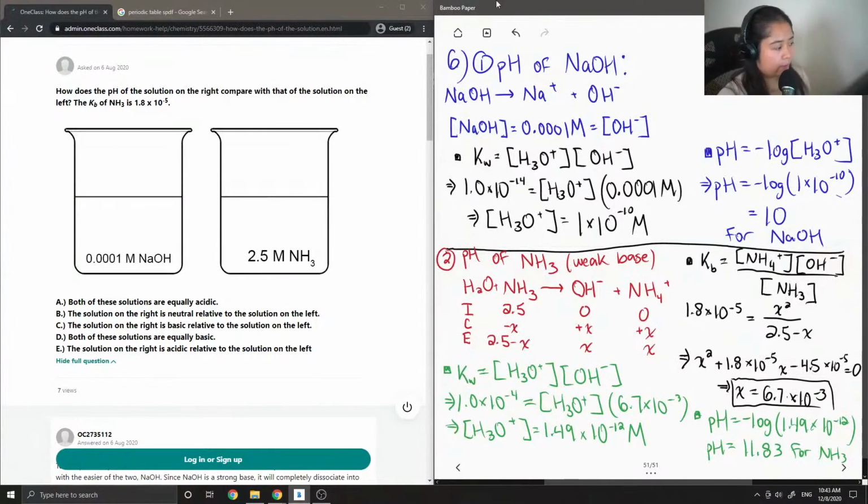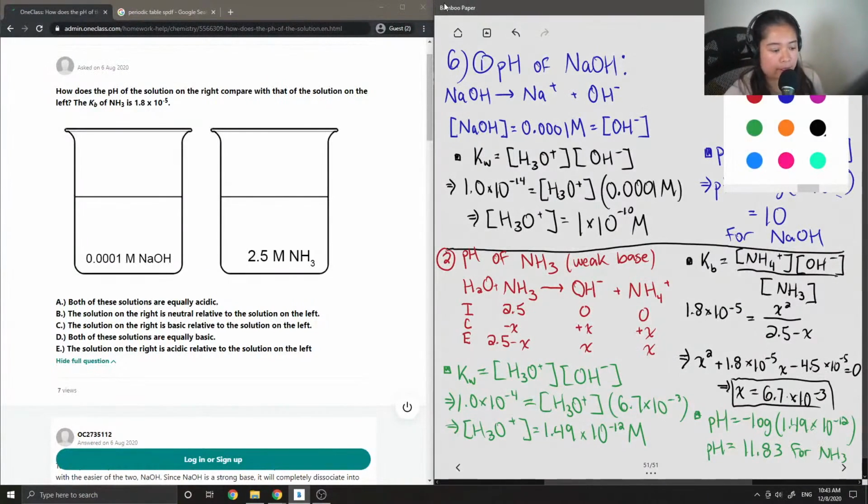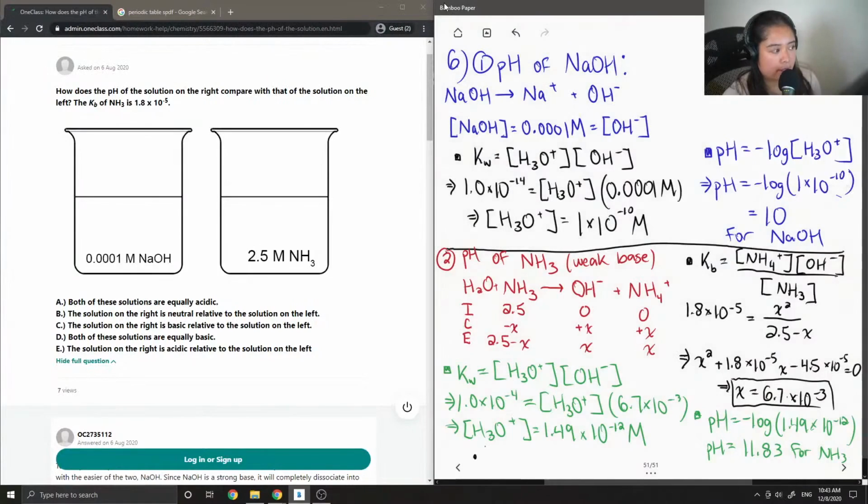Okay, so now let's look at both of our pHs. And we can see that the solution on the right is more basic.